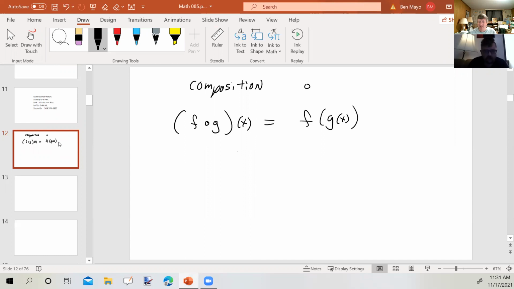It's understanding the notation, how it works, the order in which you do things. That's the thing you got to get straight. But the actual doing of it is not a difficult situation. So f composed with g of x means that for some function f and for some function g, we're going to evaluate f at g. And again, that seems kind of complicated, but we'll look at some examples to get things straight.